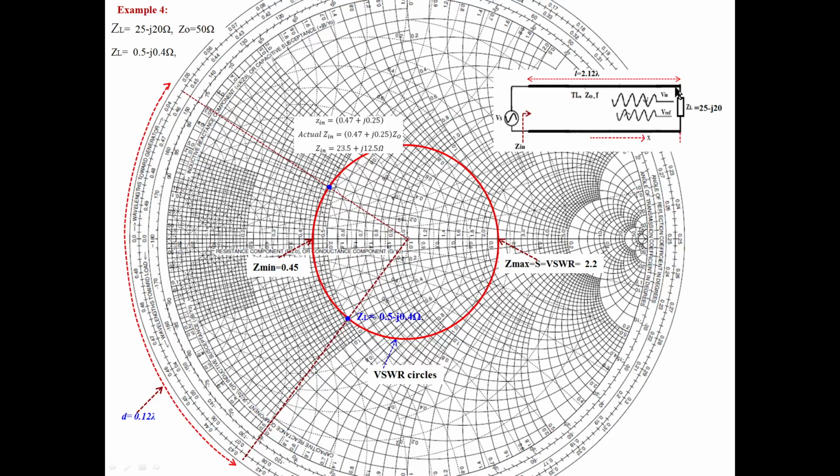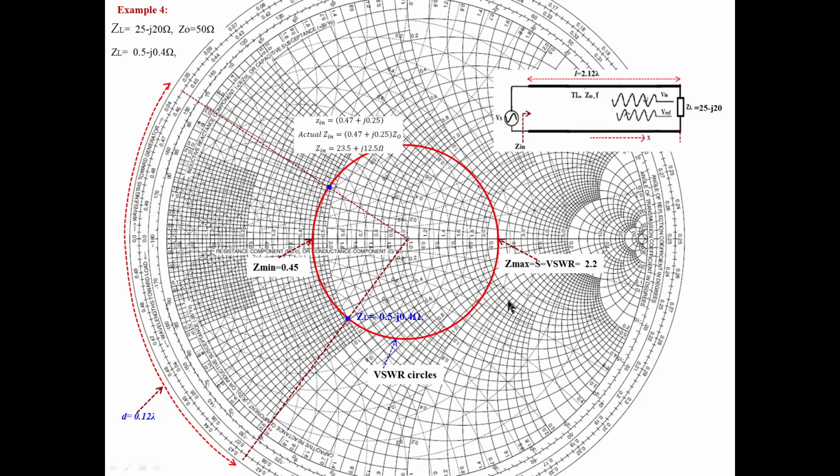If I complete the circle once, I will be traveling only 0.5 lambda. But how far do I have to travel? 2.12 lambda. Once I complete 0.5 lambda, I have to go around again, because the same impedance repeats after lambda by 2. Two times gives 1 lambda, three times gives 1.5 lambda, and four times gives 2 lambda.